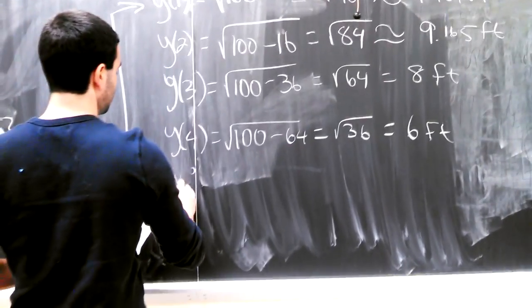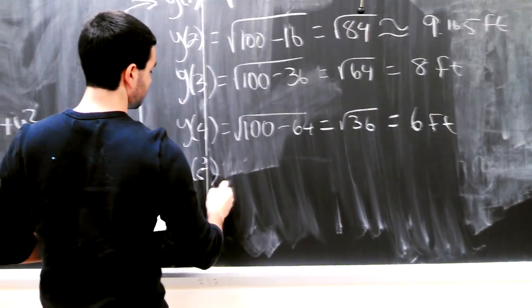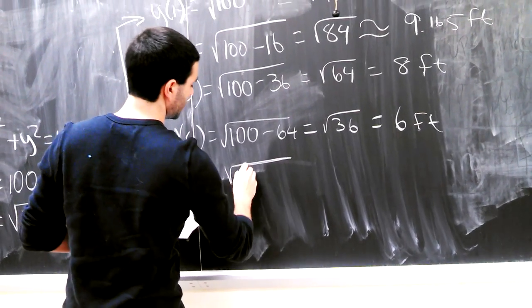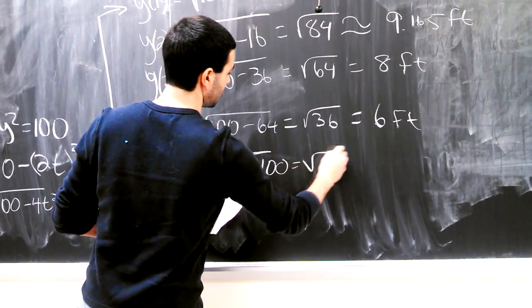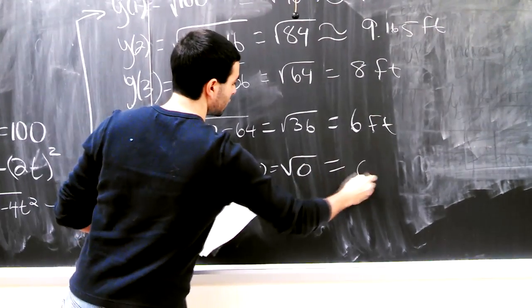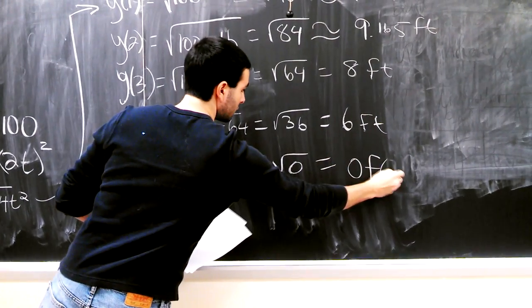And y of 5 is equal to radical 100 minus 100, which is equal to radical 0, which is equal to 0 feet. That's it.